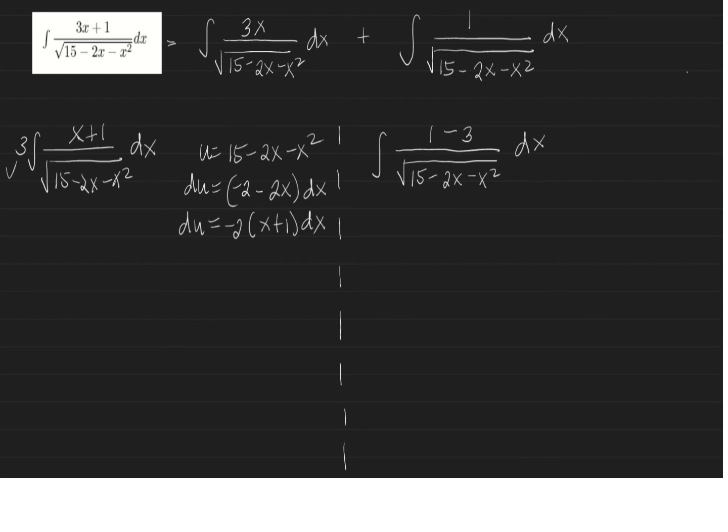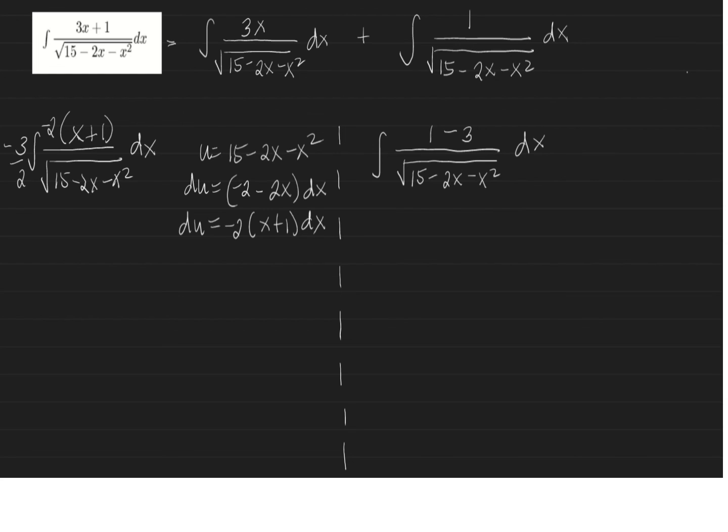Next, for du, we need to have negative 2 as a coefficient. So we're going to multiply x plus 1 with negative 2. And then we are going to correct this by putting negative 1 half outside of the integration sign. So that would be our correction factor. So the coefficient outside becomes 3 times negative 1 half, or negative 3 over 2.